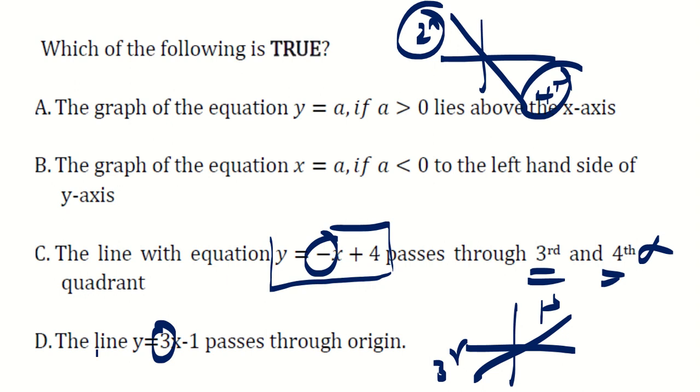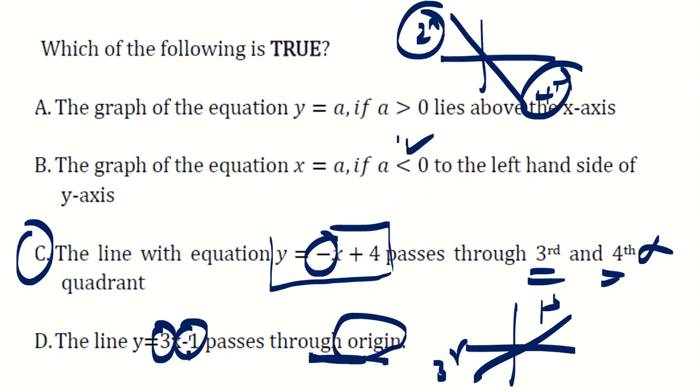Does the line y is equal to 3x minus 1 pass through the origin? No. If it passed through the origin, there should not be a number added here. So which one is the answer? The answer must be A and B. C and D are wrong.